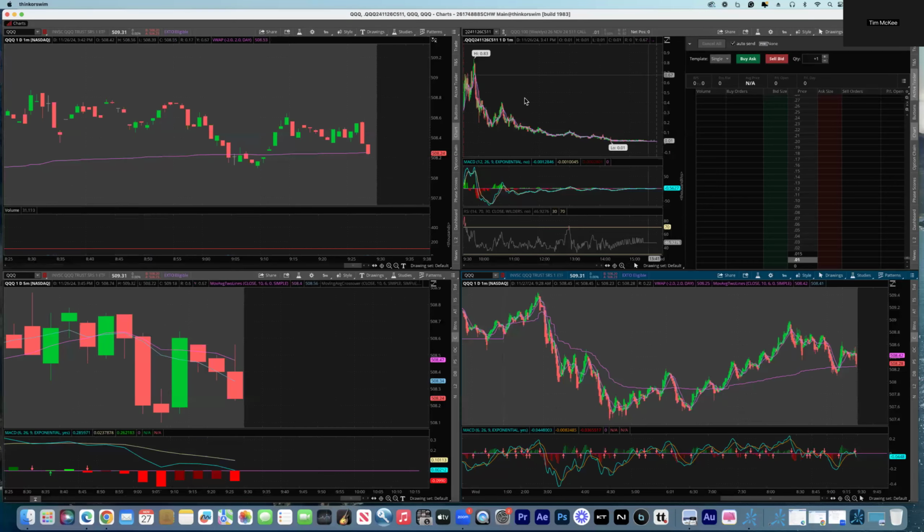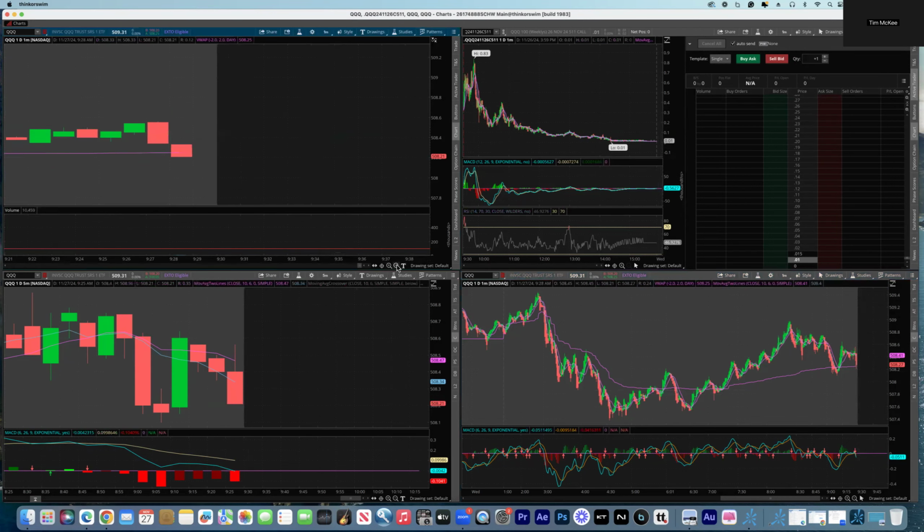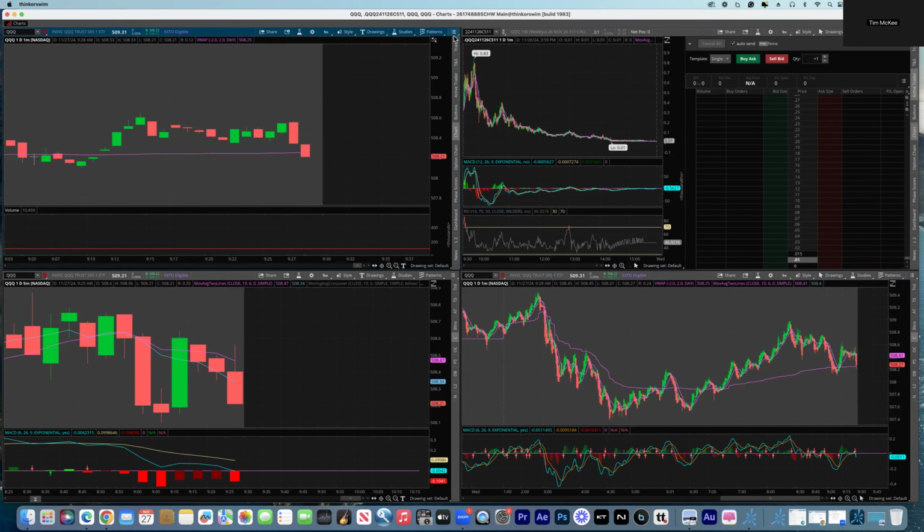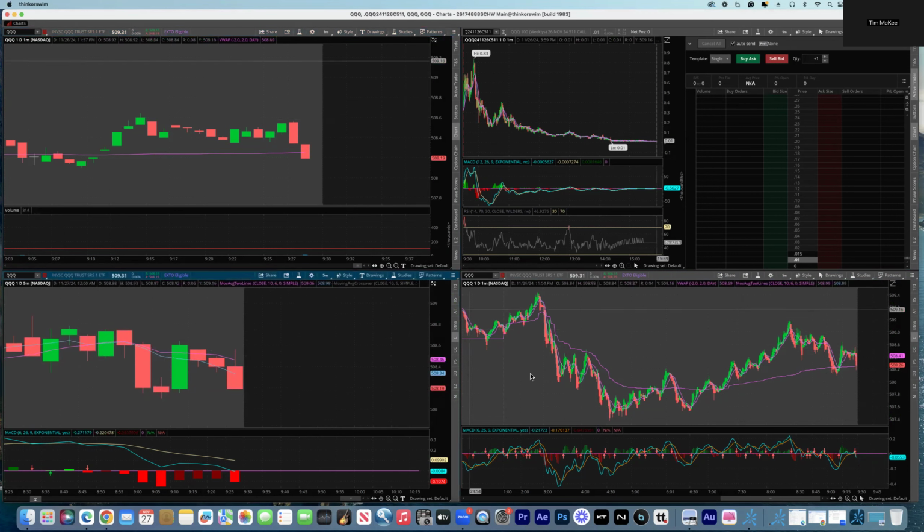Let's head over to our regular four-way chart and make sure that we are set up with 20 cents between each hash mark. Let me come over here, bring up my tools. What I'm referring to is over here on the right side of each of our charts. We want to make sure it's showing 20 cents between each hash mark, which mine is not showing on one of them. So let me get that straightened out.